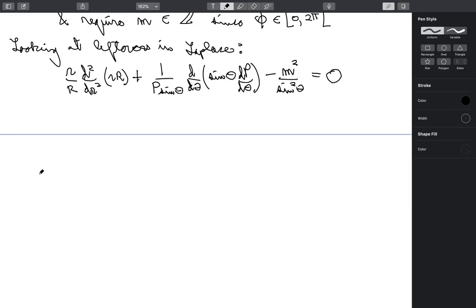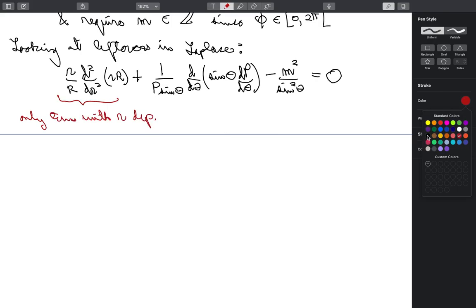First of all, we're going to use the method of separation of variables once again, because if I look at the dependencies that I have in here, this is the only place with an r dependence. So that means that I can again set this particular function to a given constant.